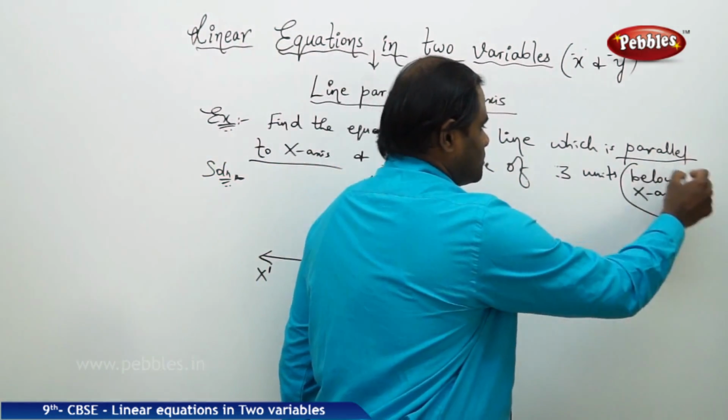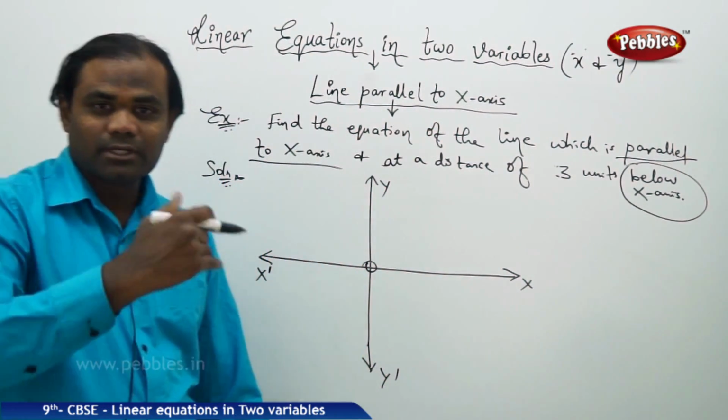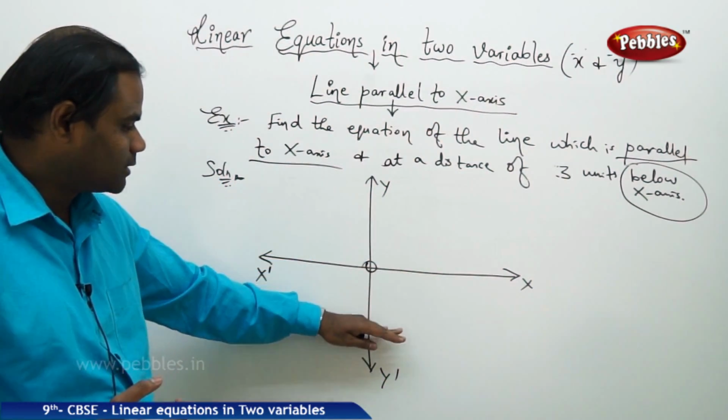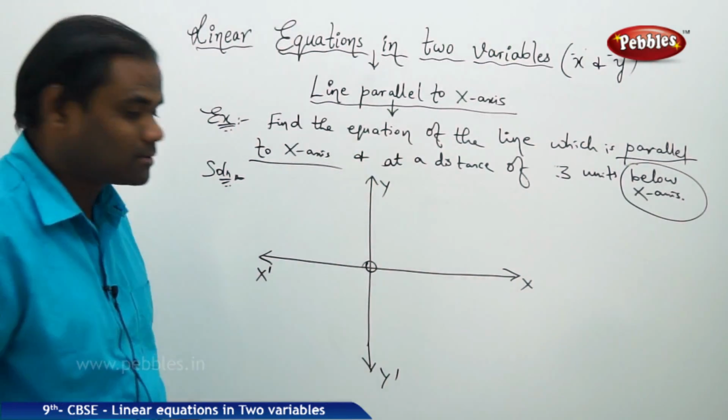Since the line is 3 units below the x-axis, I take the line below the x-axis.